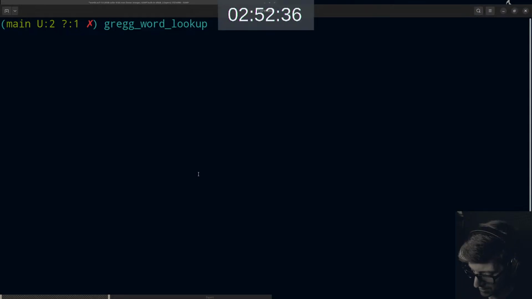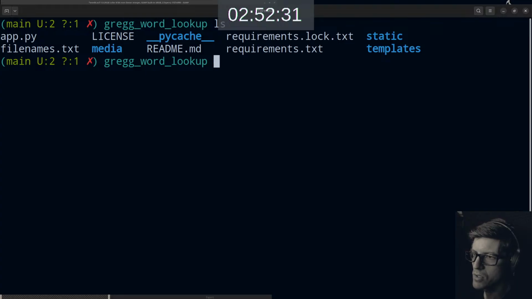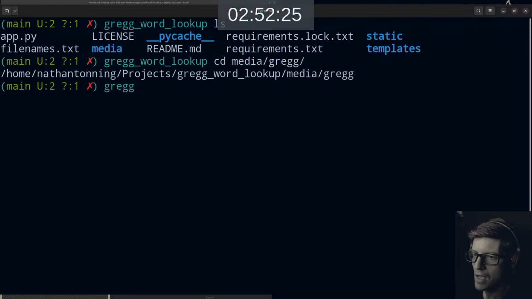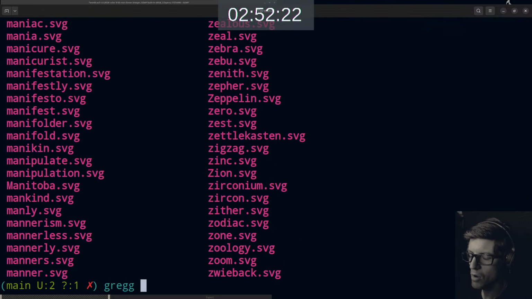For instance, if I list all the files here on terminal, if I cd into media and Gregg, and now if I ls, you see here are all the files. There are about 19,000. In fact, what is it? What's the command?